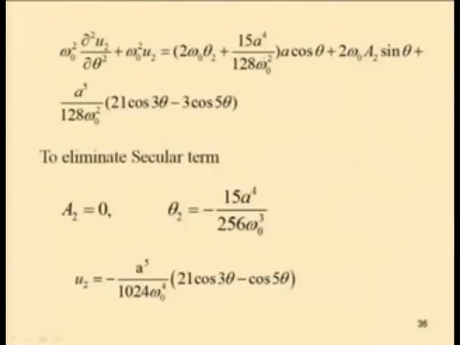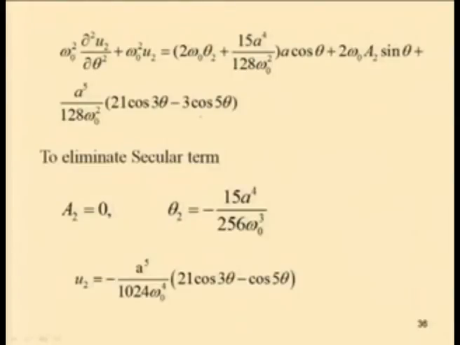The resulting equation becomes omega 0 square del square u 2 by del theta square plus omega 0 square u 2 equals 2 omega 0 theta 2 plus 15 a fourth by 128 omega 0 square a cos theta plus 2 omega 0 a 2 sin theta plus a to the power 5 by 128 omega 0 square into 21 cos 3 theta minus 3 cos 5 theta.